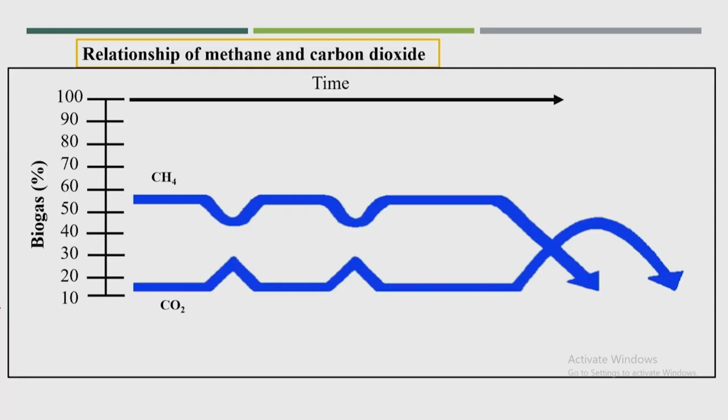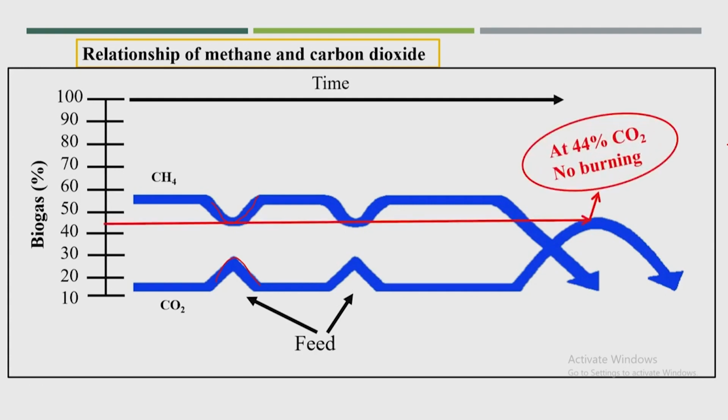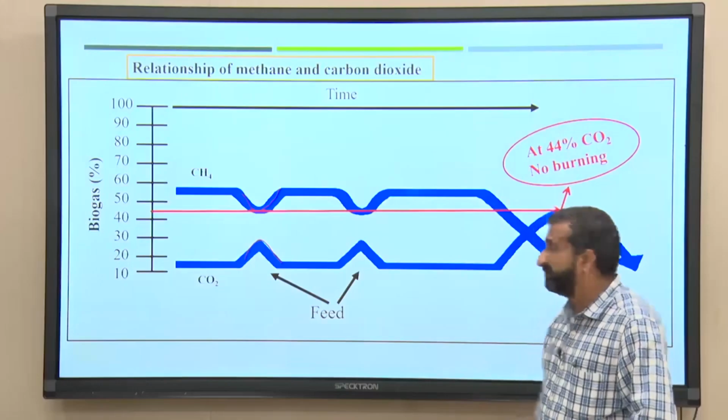You see there is a drop in methane and an increase in carbon dioxide in two different places because of feed, since from time to time we feed the reactor with fresh organic matter. At a particular time it is possible that the carbon dioxide percentage will be more if proper anaerobic conditions are not achieved.